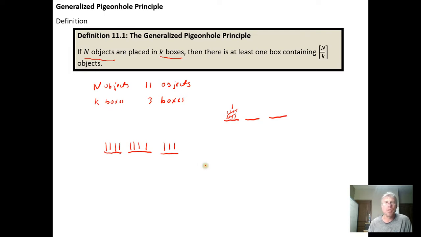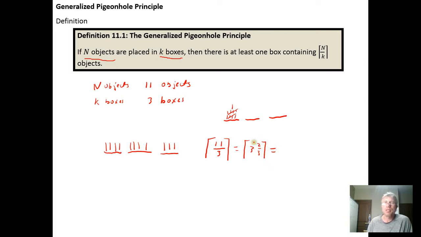And what the generalized pigeonhole principle is saying is, if you have 11 objects and you divide it by the number of boxes, 3, that you're distributing them into, so this is going to be 11 thirds, which is 3 2/3?